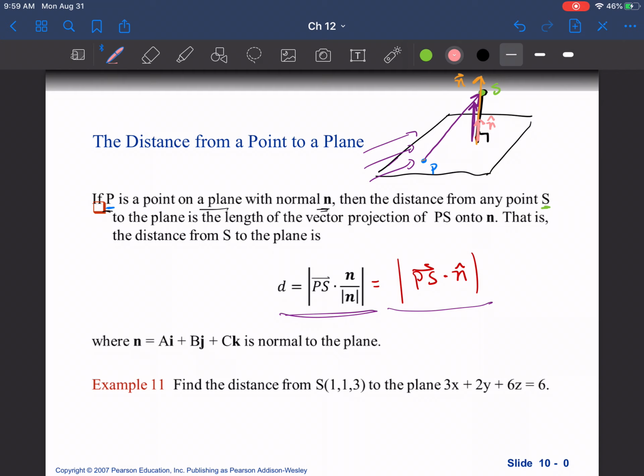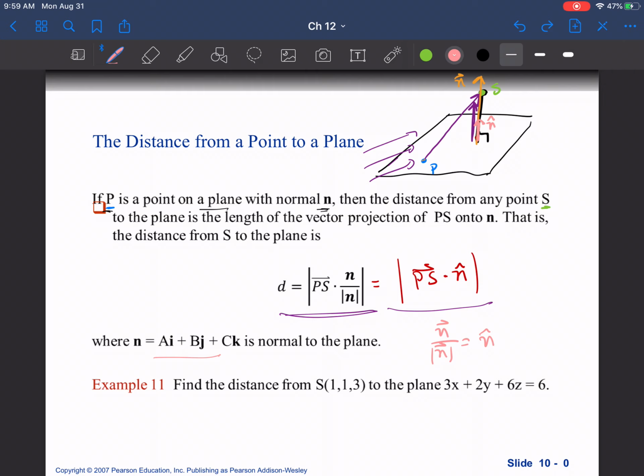Okay, and so we can take another look at this. Here's N. Remember this N vector over N magnitude, that is just the unit normal vector. I just find that one simpler to remember. Okay. So those two equal each other.